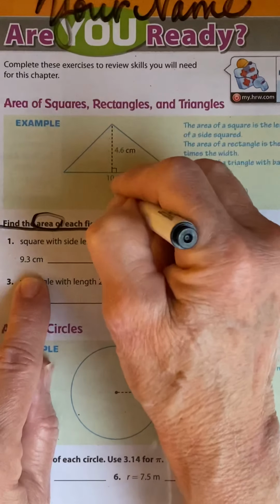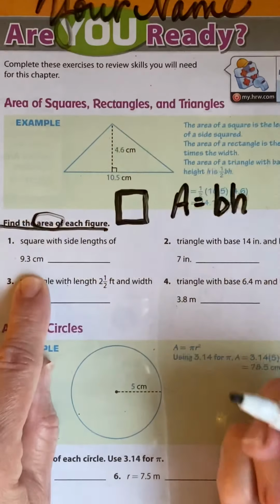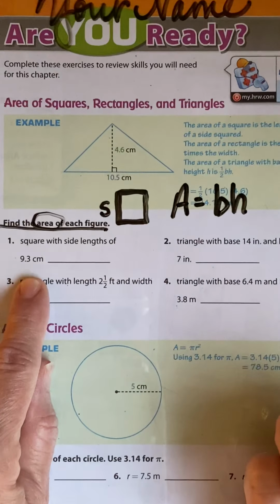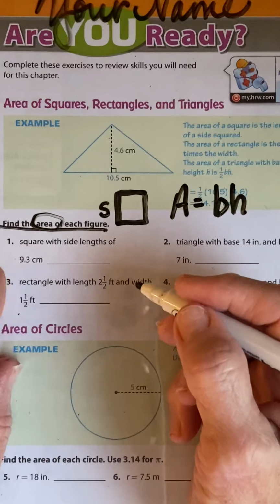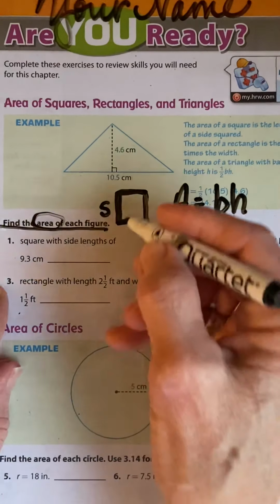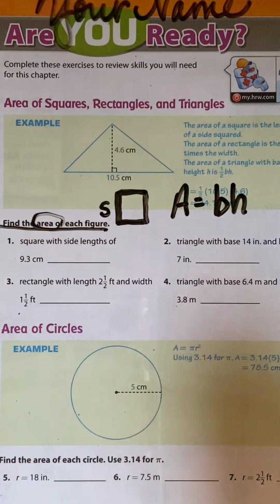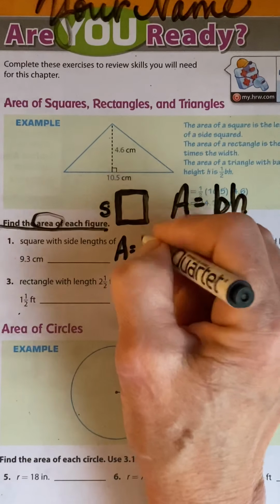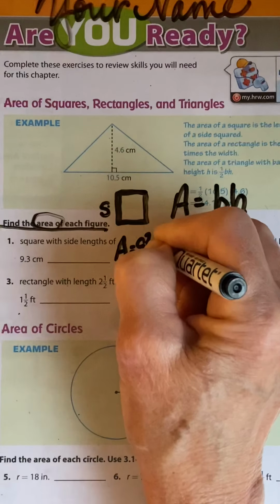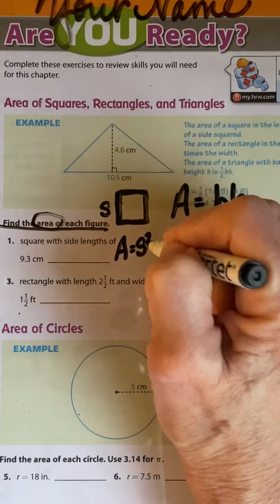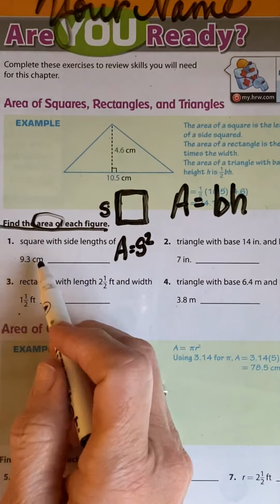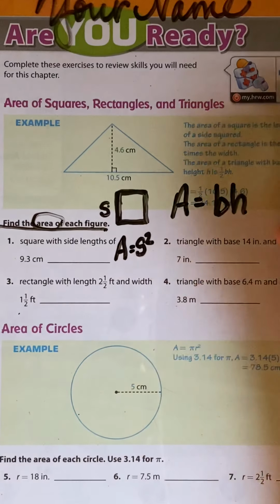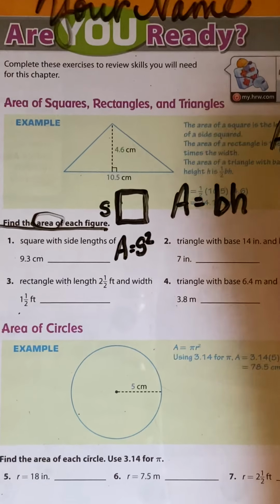In a square, all sides are the same, so we usually just label that S. So the formula to use for number 1 is area equals side squared. Just S squared. One side squared to get area of a square. Be sure to show A equals S squared.